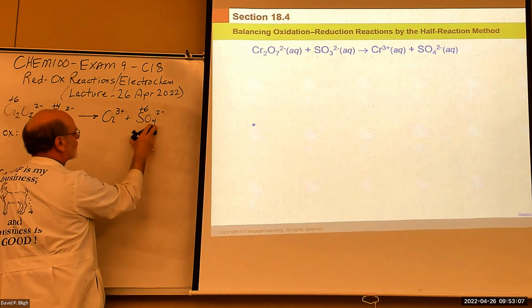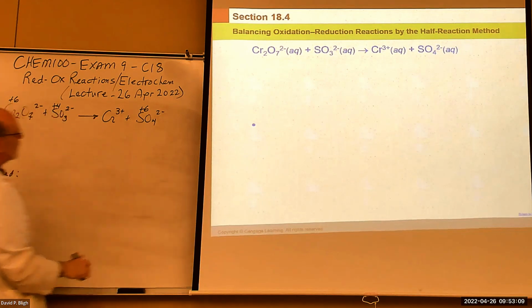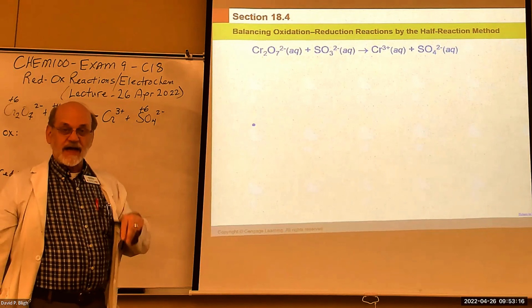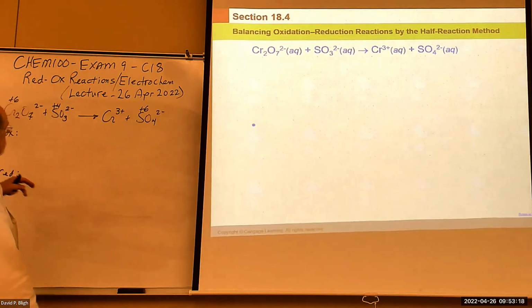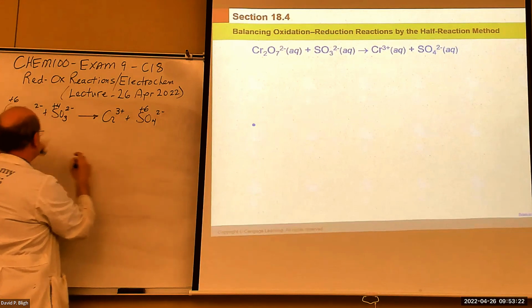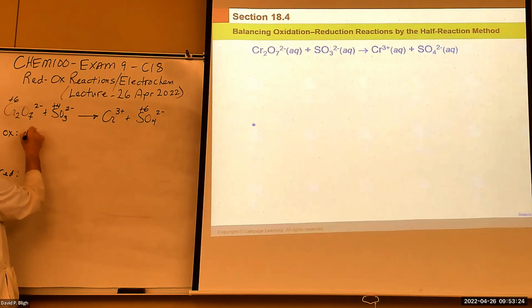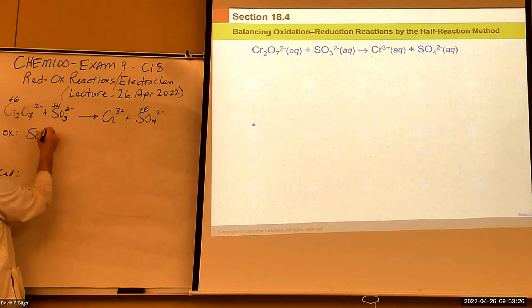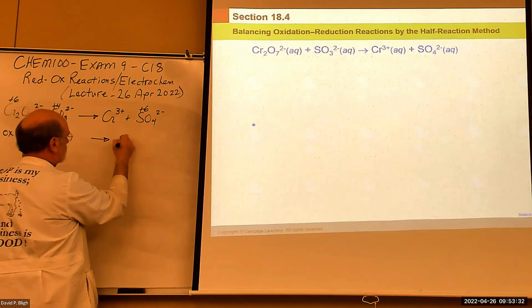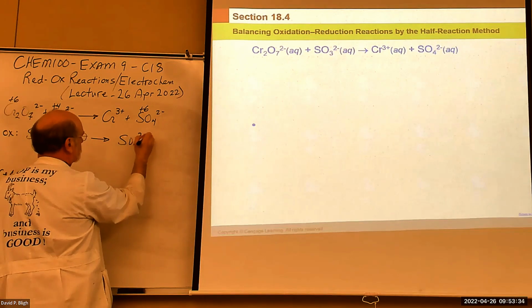Okay. So now we have our oxidation states. We can decide which one's oxidized, which one lost electrons, had an increase in oxidation state. Sulfur went from plus 4 to plus 6. So that means sulfite, I'm going to put this up here just so we can keep track of it, goes to sulfate.